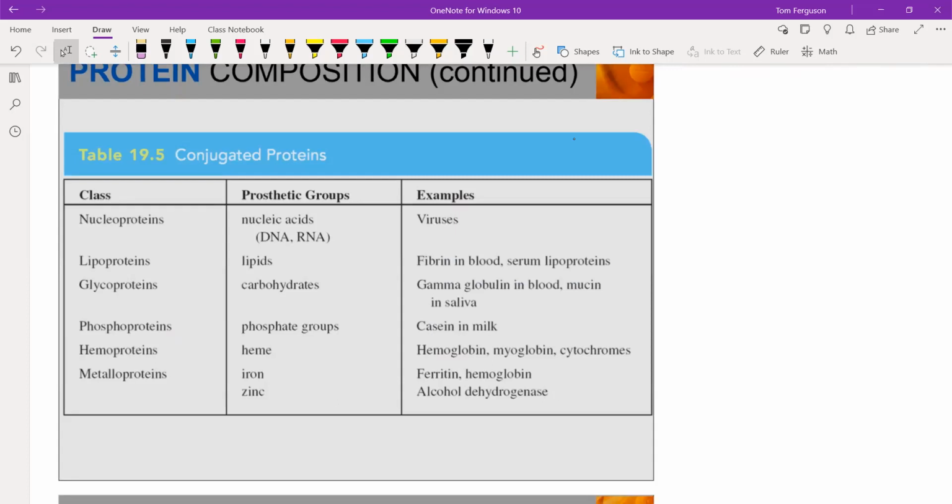These are just a few of the types of proteins, like nucleoproteins, lipoproteins, glycoproteins, and you can have glycolipoproteins, a combination of these as well. Phosphoproteins, hemoproteins, metalloproteins, these are working with adjacent metal groups.